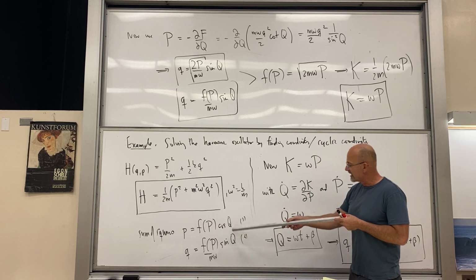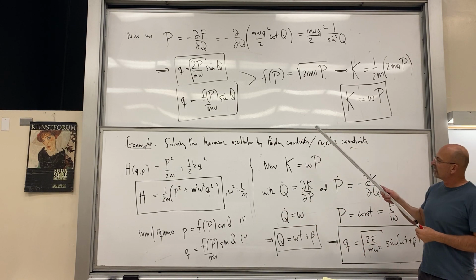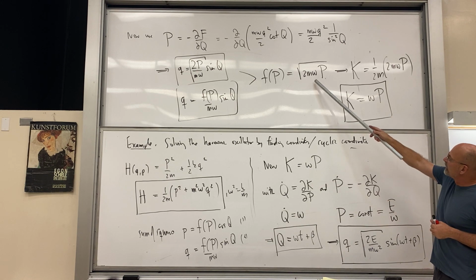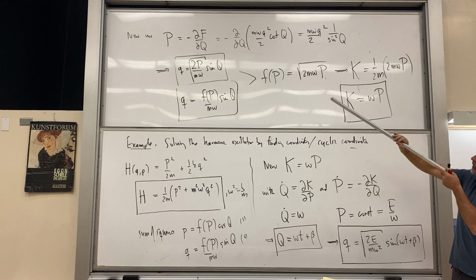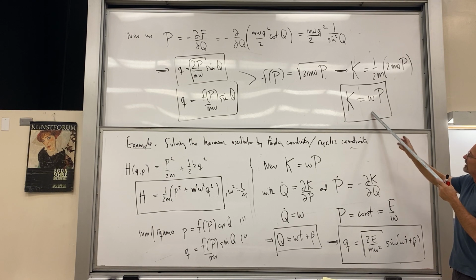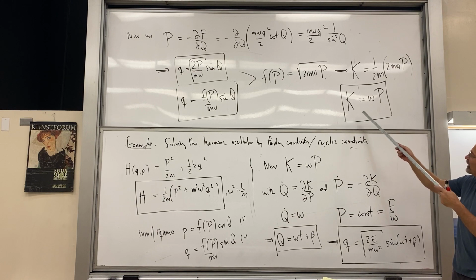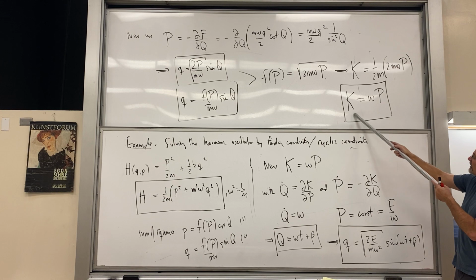So that's how we came up with that idea, and then we figure out what f of p is using the differential equations, and then we find that new Hamiltonian. So this was that coordinate transformation. This is how we found a cyclic coordinate, namely this form here.